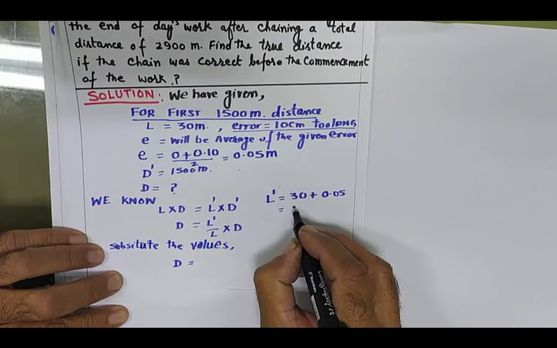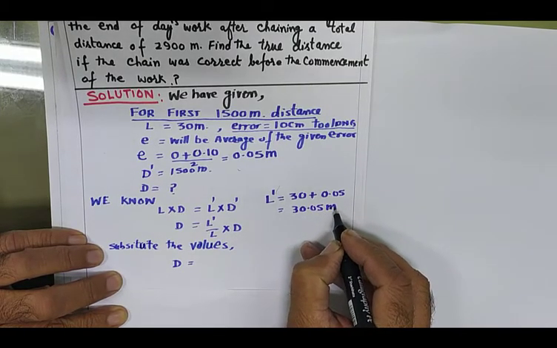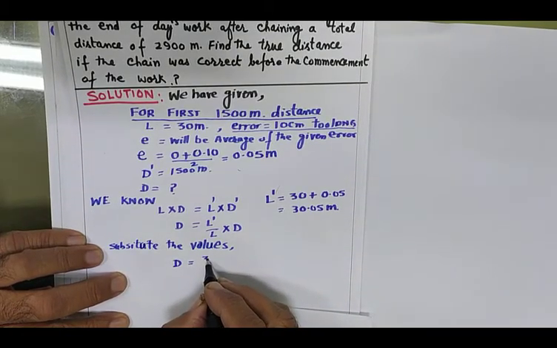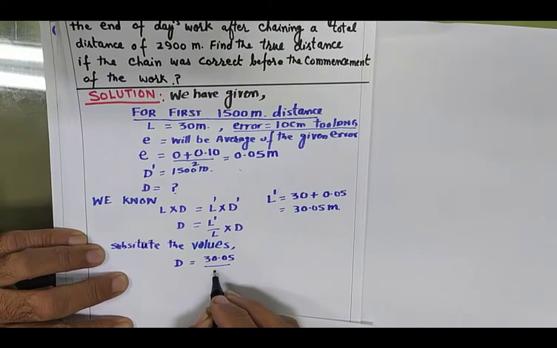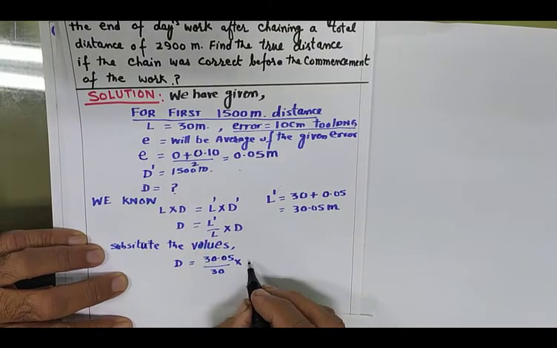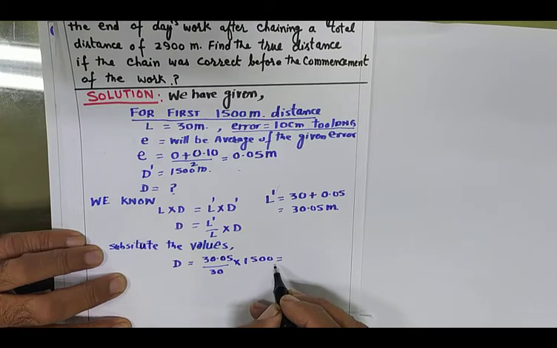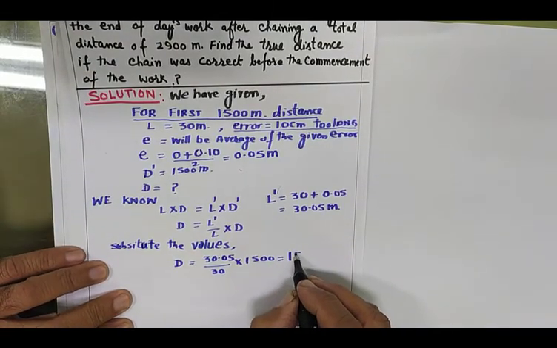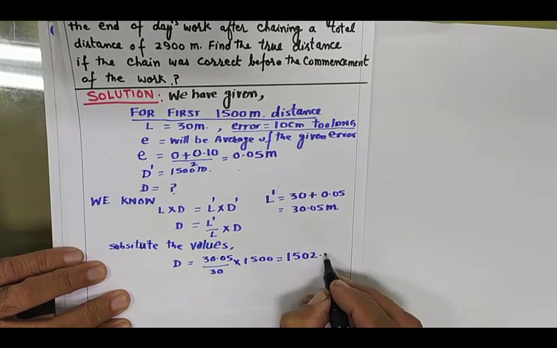So L dash is given by 30.05 meters. Actual length is 30 meter, and you multiply by the distance measured, 1500 meters. After this calculation, this comes to be 1502.5 meters.